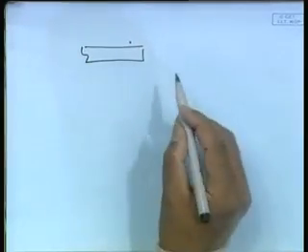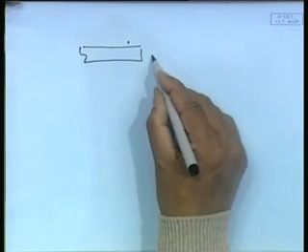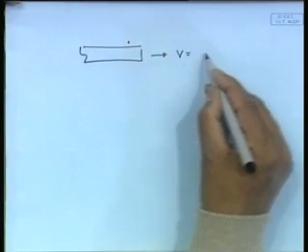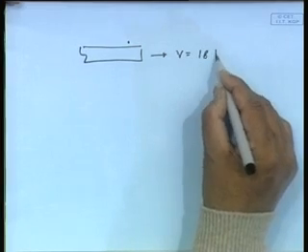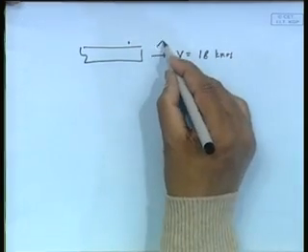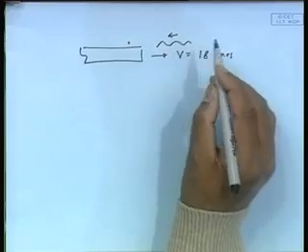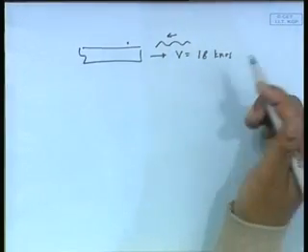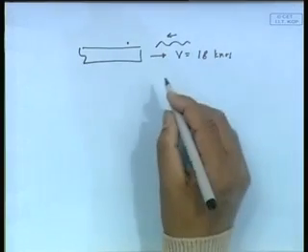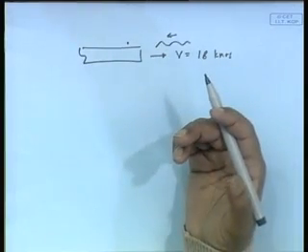I am standing here. Now I find out that at a speed of v equal to say 18 knots, when waves are coming opposite, I find some regular wave field. I am heading into that, and I find I have excessive heave motion.